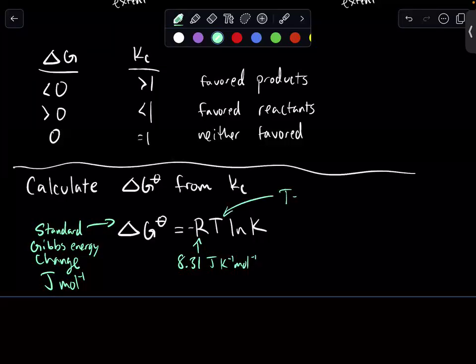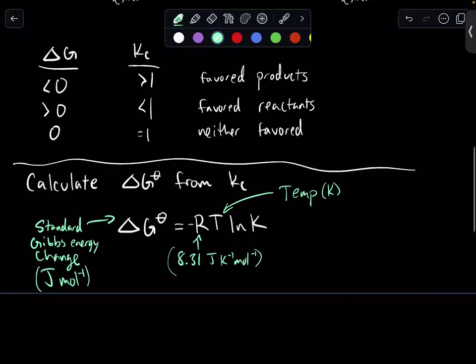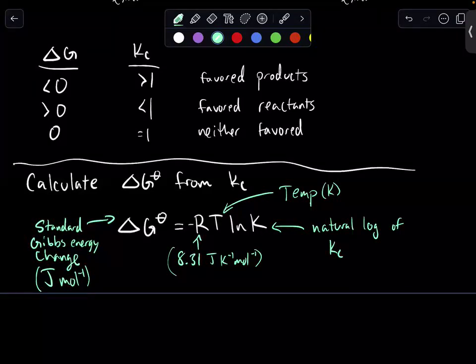T is, of course, temperature, and that's going to be in Kelvin as well. And lastly, we have ln K, the natural log of Kc, our equilibrium constant. You'll notice in this equation they refer to it as K. This has no units to it.